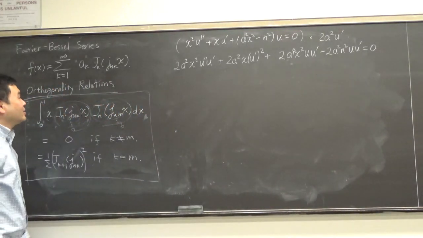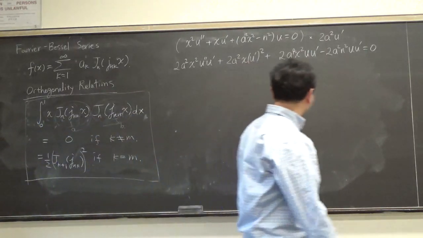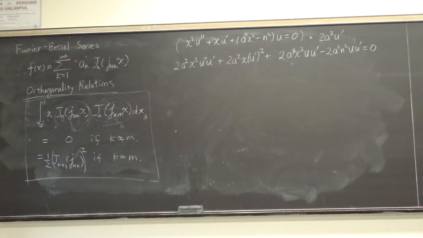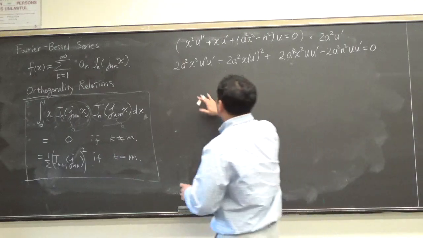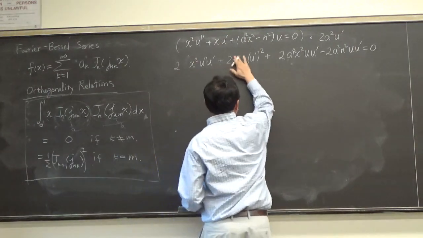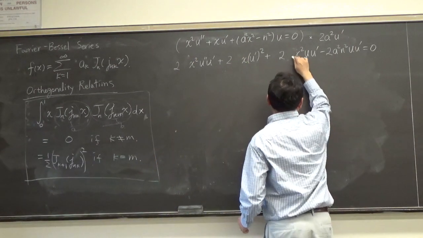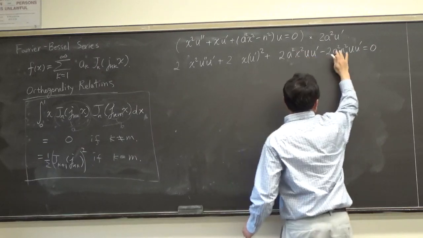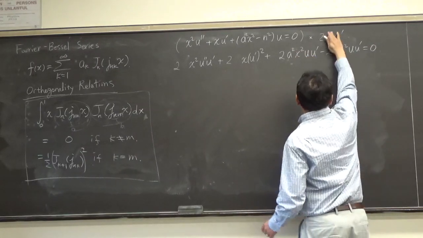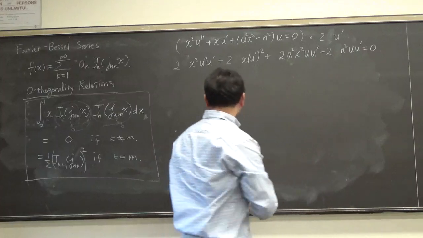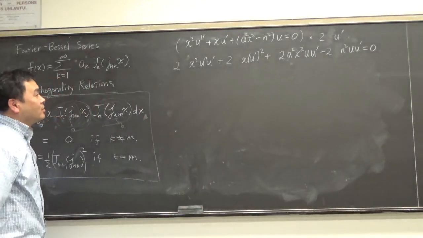Maybe I should multiply a. Oh, I shouldn't be multiplying by a squared. Sorry, it says 2. A squared is not involved there. Something's a bit strange. Sorry about that. You just multiply 2u prime. Yeah, of course.